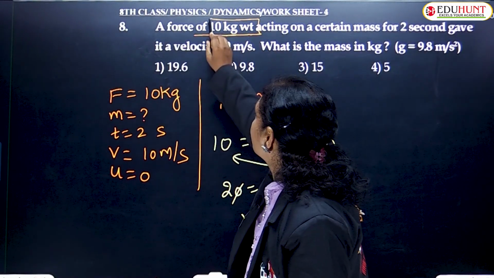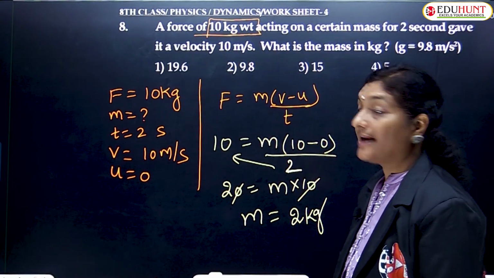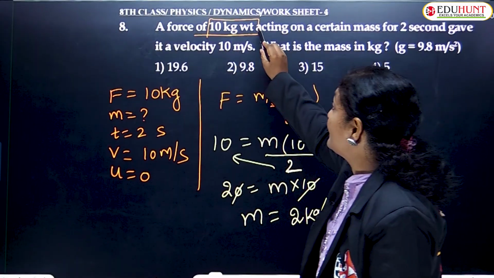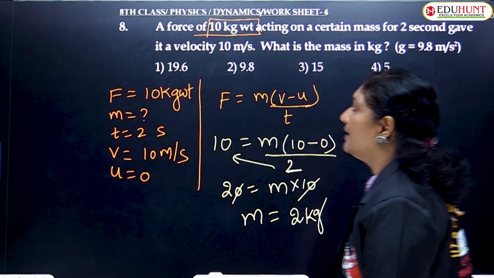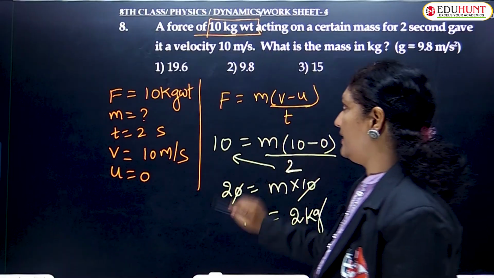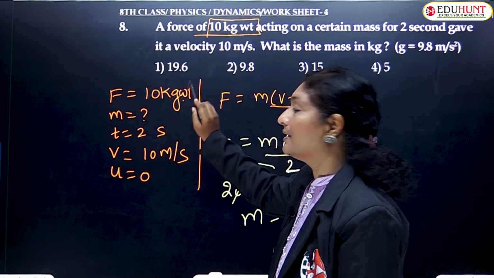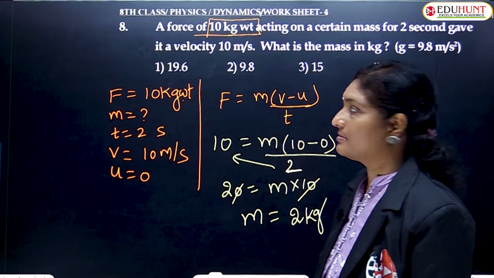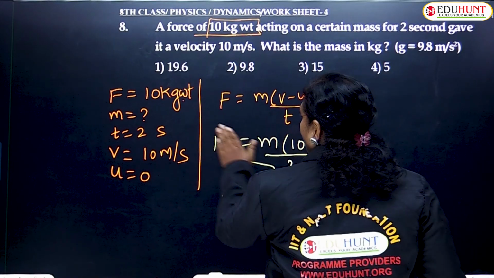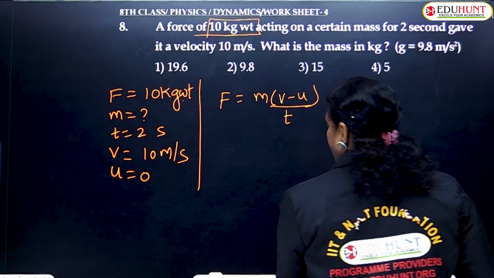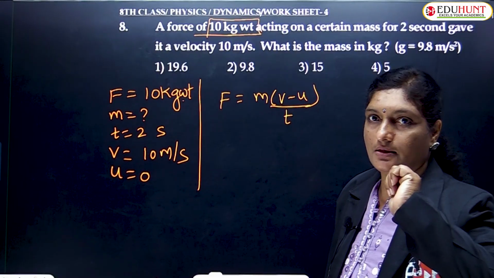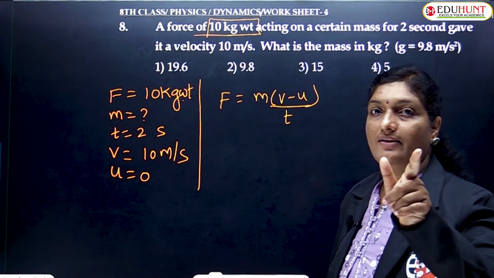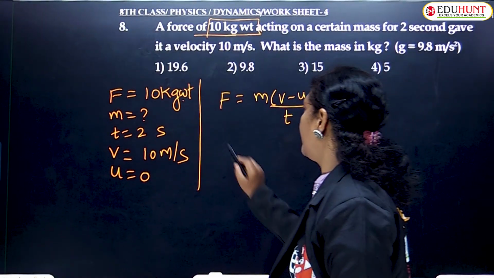Okay, children. So what we confused was, here force is given not as 10 kg, it was given as 10 kg weight. I considered it as kg, but here it was given as kg weight. So kg weight means it's not 10, it should be 10 into 9.8, isn't it, children? So the force value, instead of this, what we have to consider is 1 kg weight is 9.8 newtons. So 10 kg weight means 10 into 9.8.